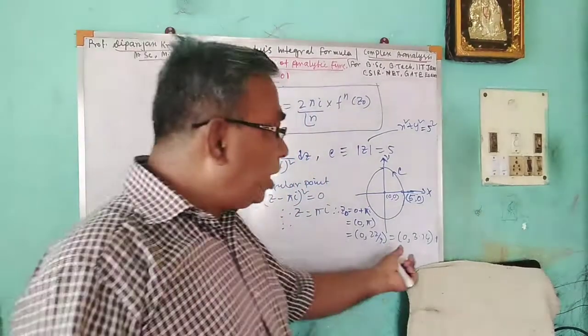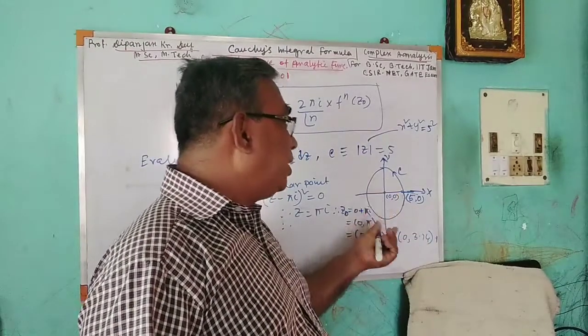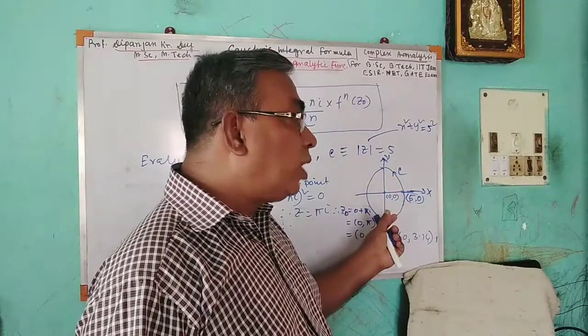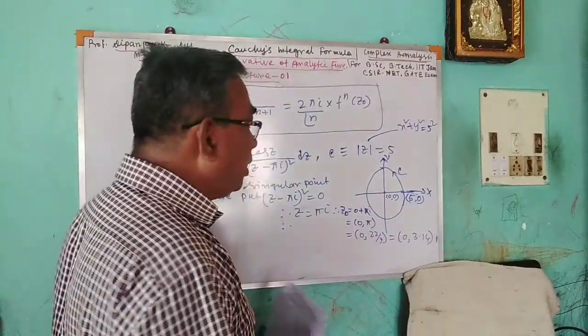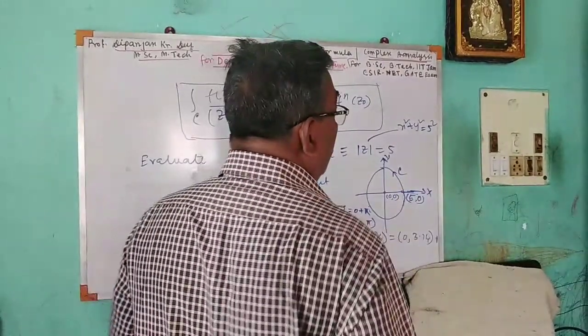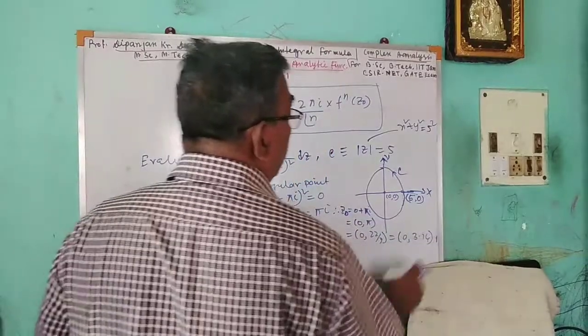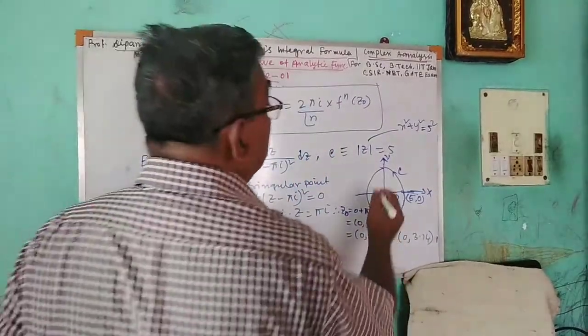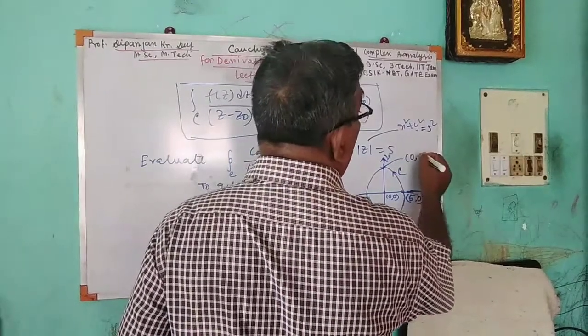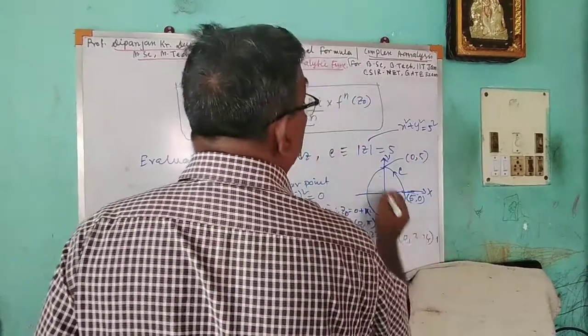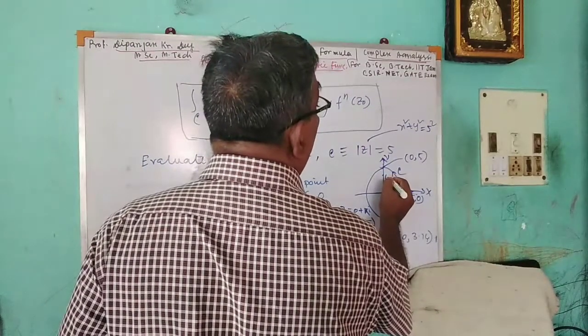You have to check whether this point lies inside the circle, inside the closed curve, or outside the closed curve. So we have to see that this length is 5 comma 0, and this is 0 comma 3.14.